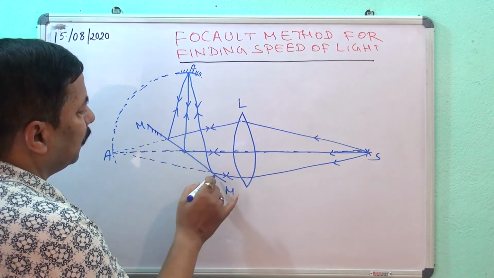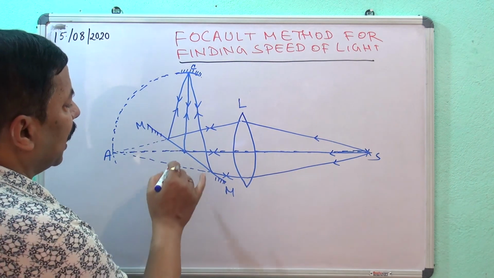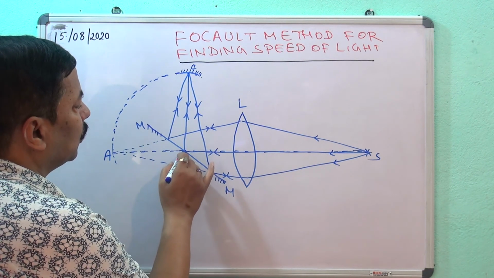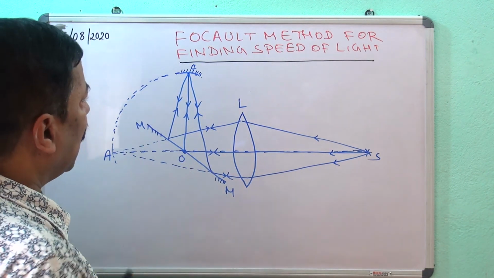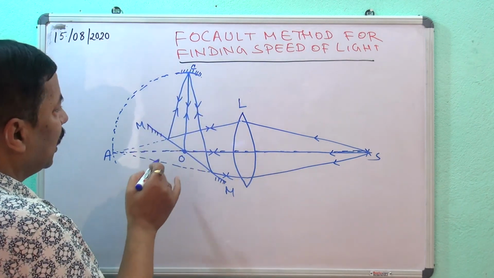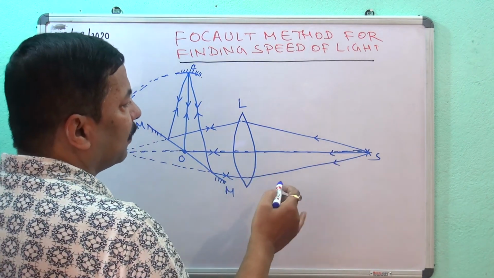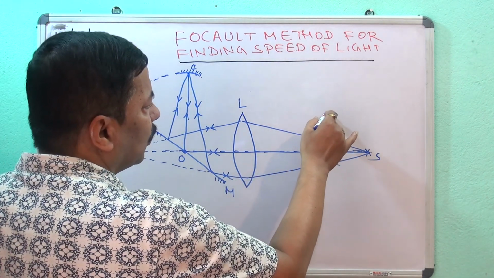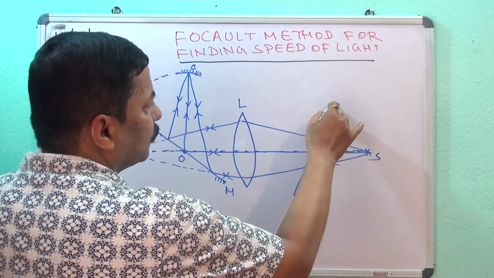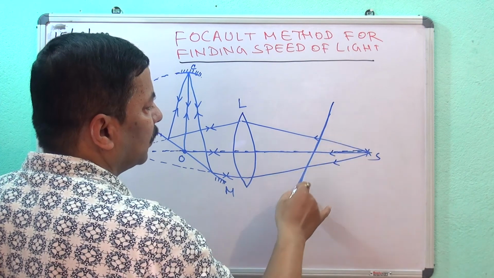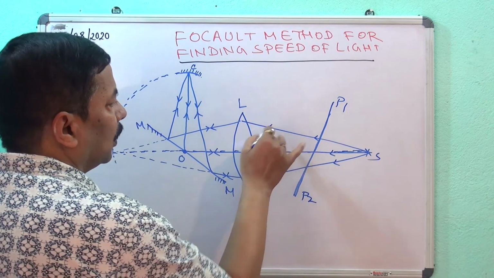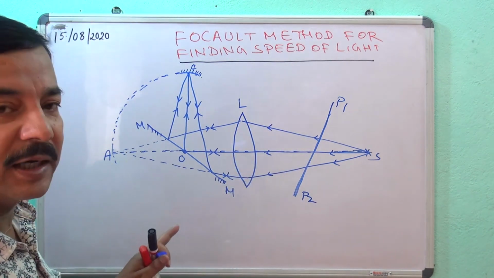This is your plane mirror M, and here is the point I am considering as O, which is the center, and this distance OC, here it is the concave mirror, and when the light ray is coming from here, we have to take one glass plate, P1 P2.